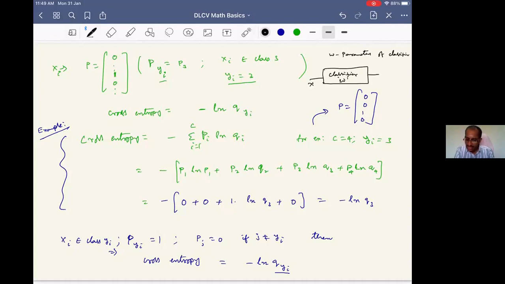The label it gives is Q, or Q bar. It gives some probabilities. Q itself is the output, a function of W comma X. For a particular Xi, this Qi is a function of W comma Xi.